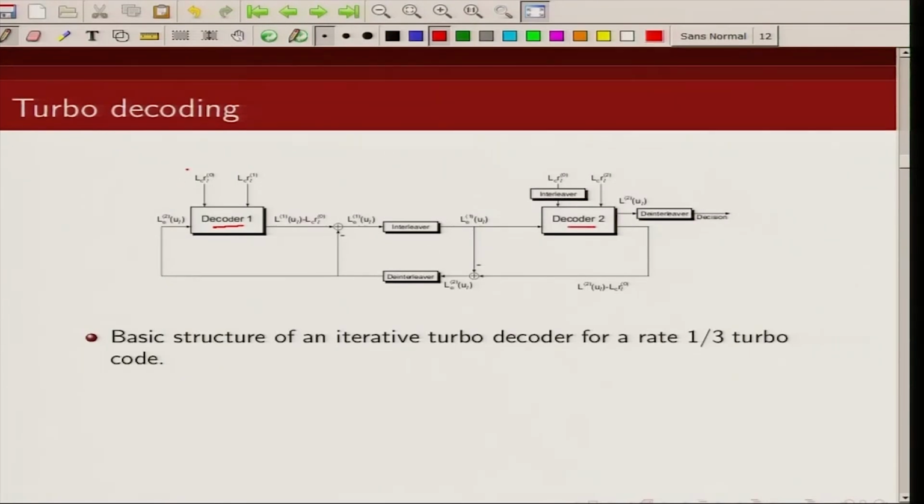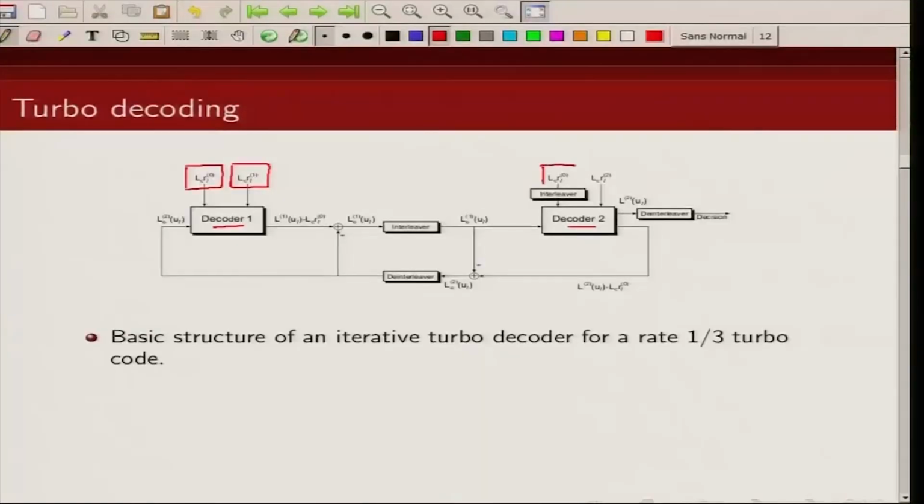These 2 inputs that you see are my inputs corresponding to the received information bit and the corresponding parity bit. This is my received information bit, which is interleaved before being sent to decoder 2, and this is the bit corresponding to the received second parity bit.